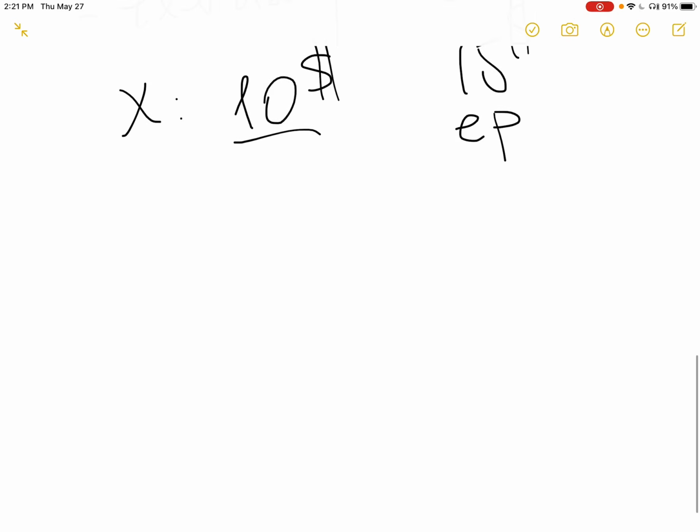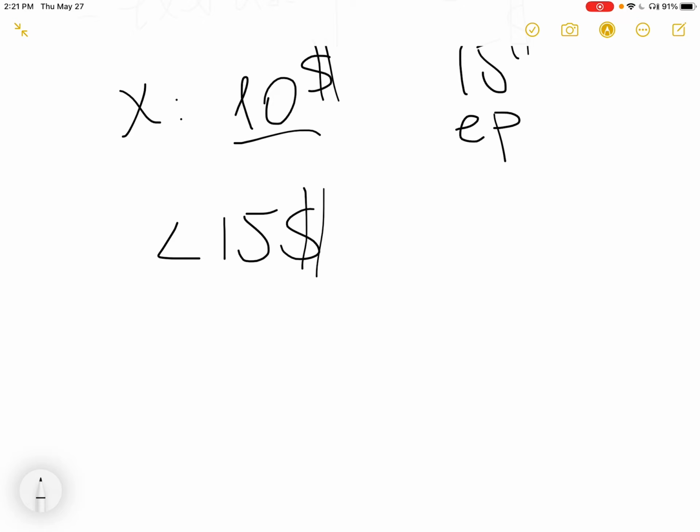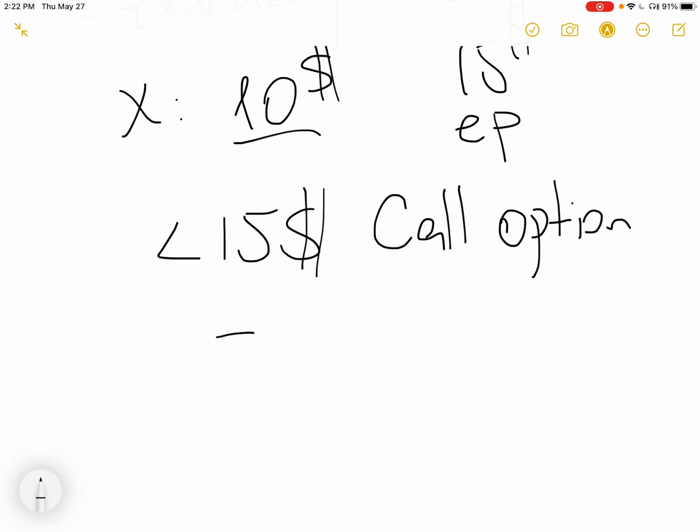Either the stock expires at less than $15, so your bullish contract, which is your call option, is basically worthless.